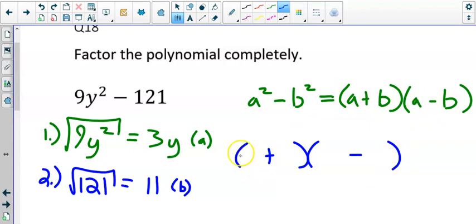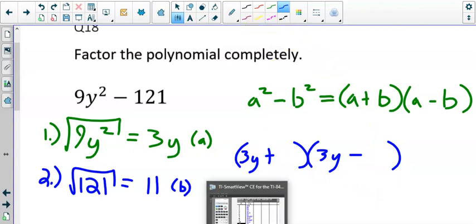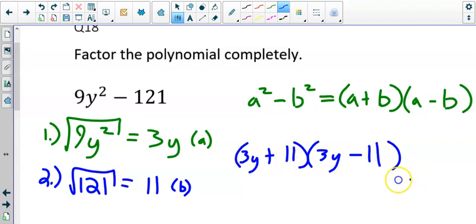So I'm going to take 3y and I'm going to put it right here in the A spot because the 3y was A. After the plus sign and after the minus sign, go what variable? The B. Who was B? 11. Put the 11, done.